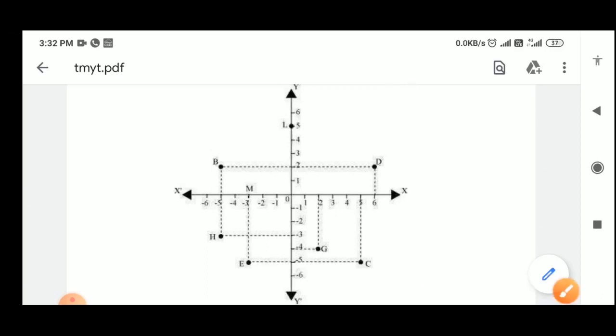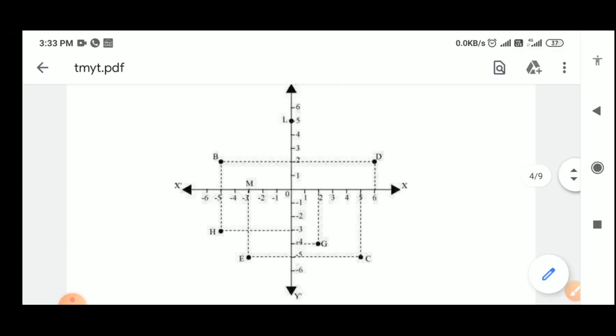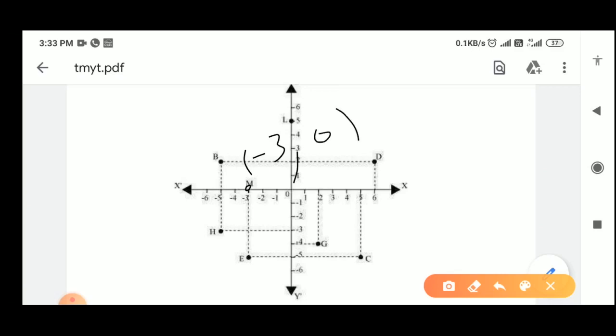Now the same for M. Coordinates of M: first the x coordinate, it is -3, and the y coordinate: it has not gone up or down on y anywhere. M is on the x axis, so the y coordinate will be 0. So the coordinates of M are -3 and 0.